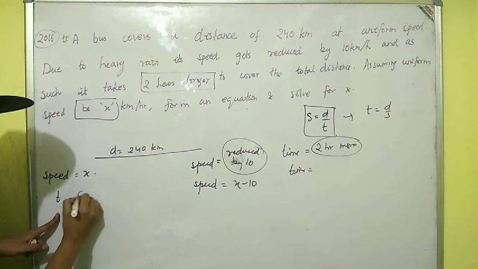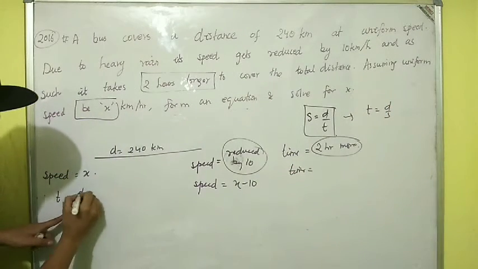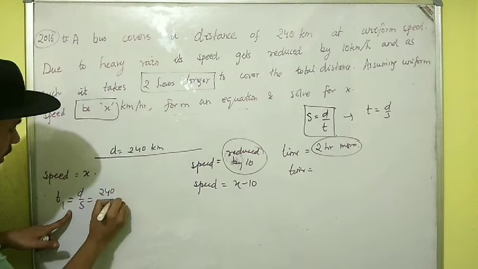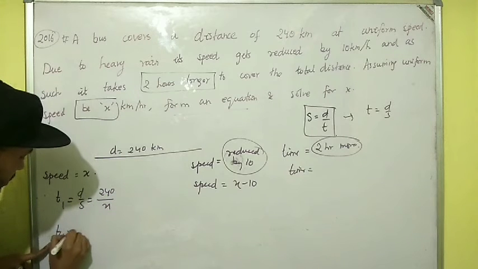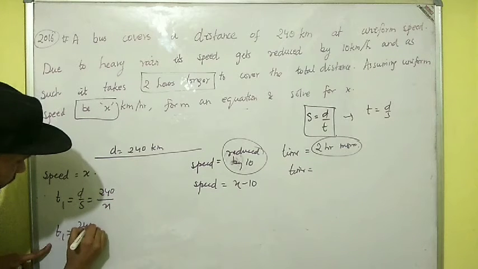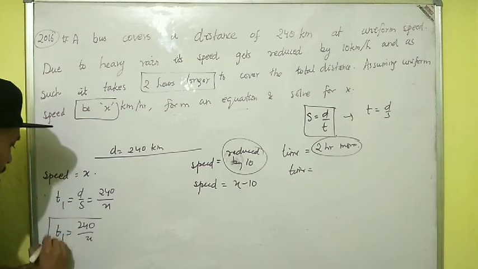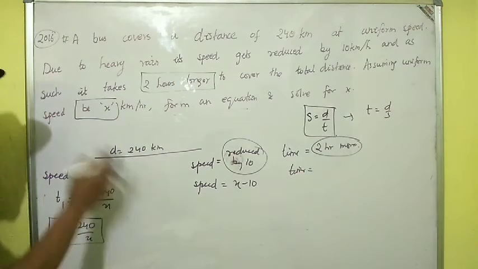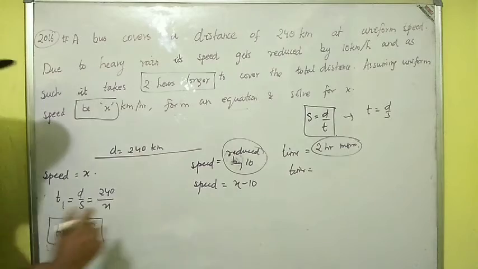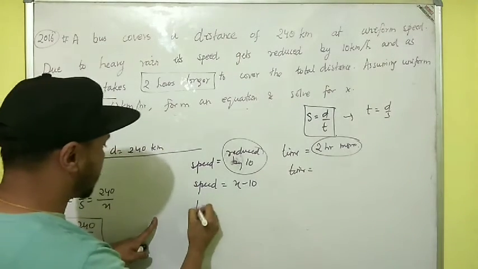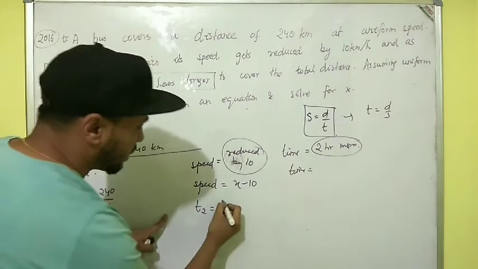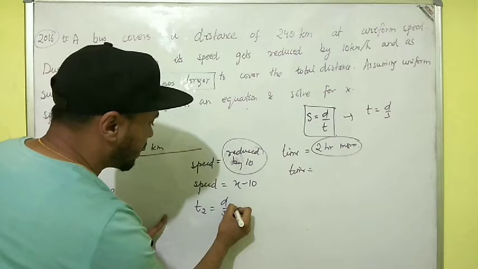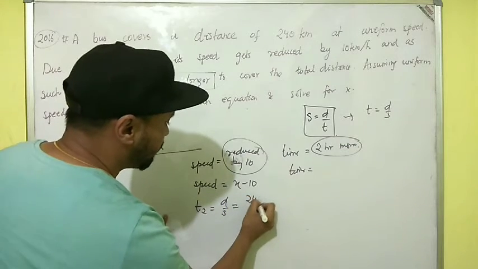So the time taken is equals to distance over speed, distance is 240 divided by x. Now T1 is equals to, the time taken to cover 240 km in the first condition is 240 divided by x. Now here, if it rains, then the time taken, so let's take T2, here also the formula will remain same. Now the distance is same.